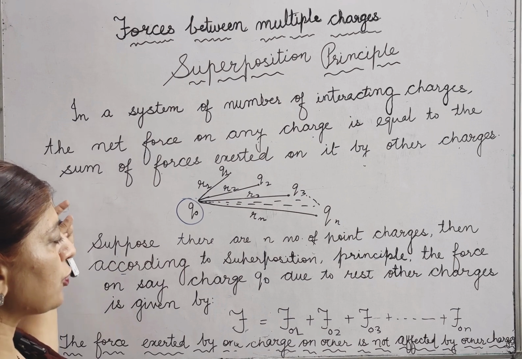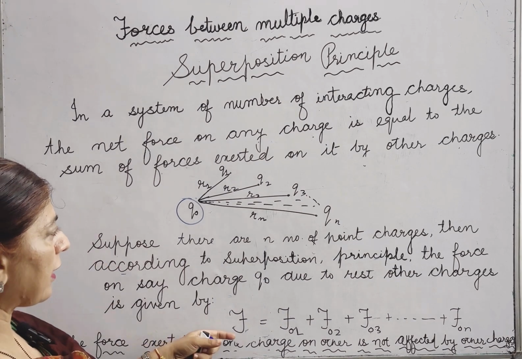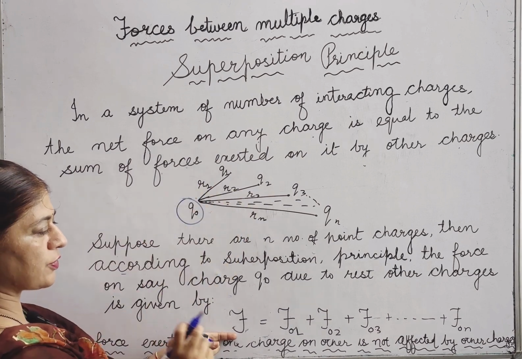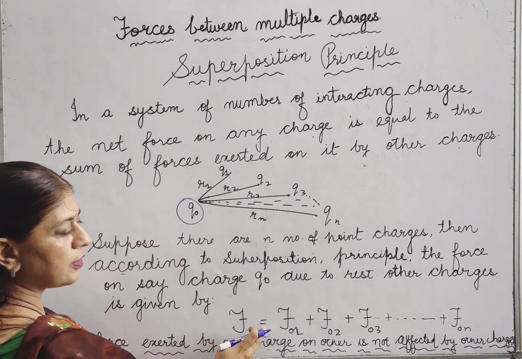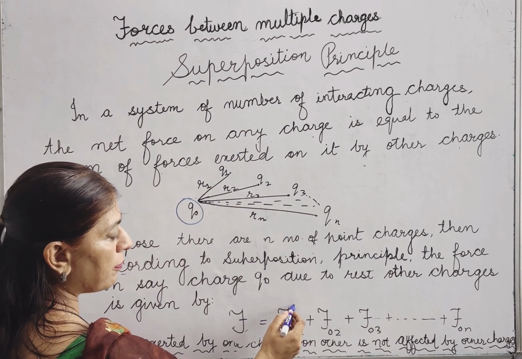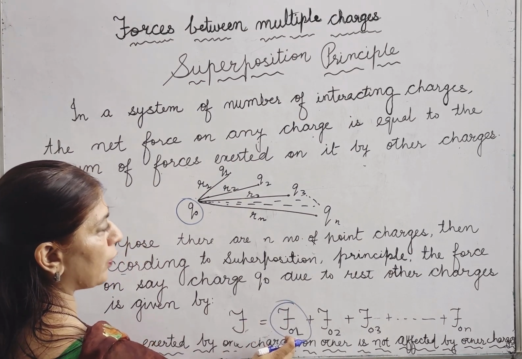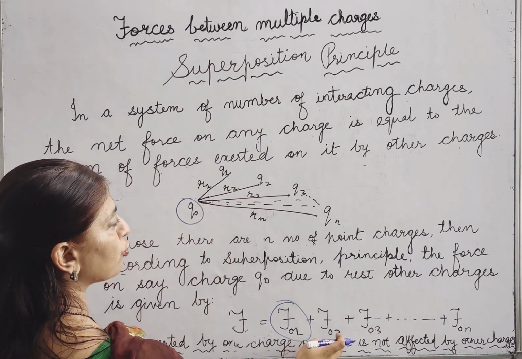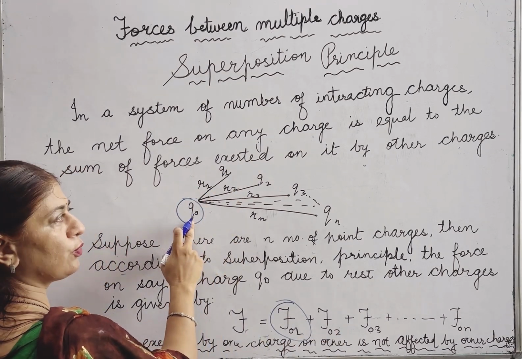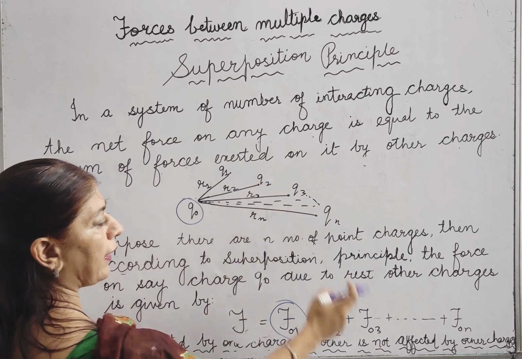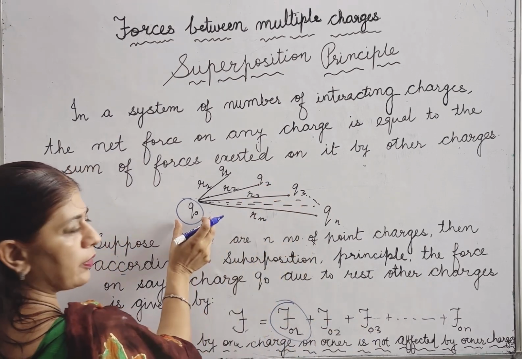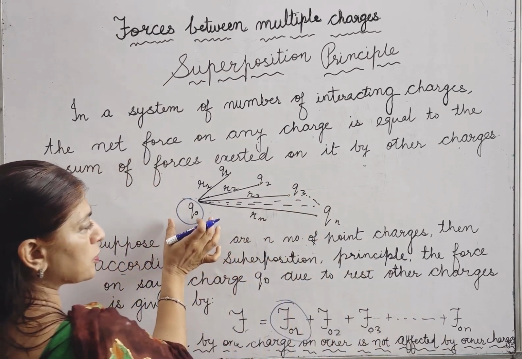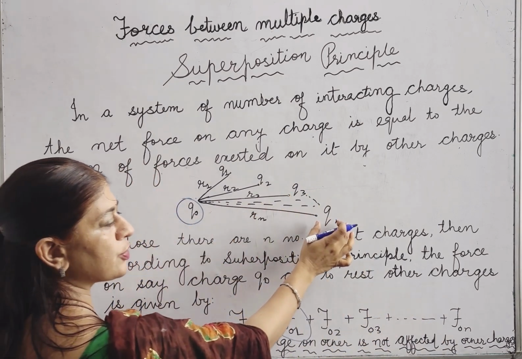Then, according to the superposition principle, let F be the force experienced by Q0 because of these charges. It will be given by the sum of the forces: F01, the force between Q0 and Q1, F02, the force experienced by Q0 due to charge Q2, F03, the force experienced by Q0 due to Q3, and F0n, the force experienced by Q0 due to charge Qn.